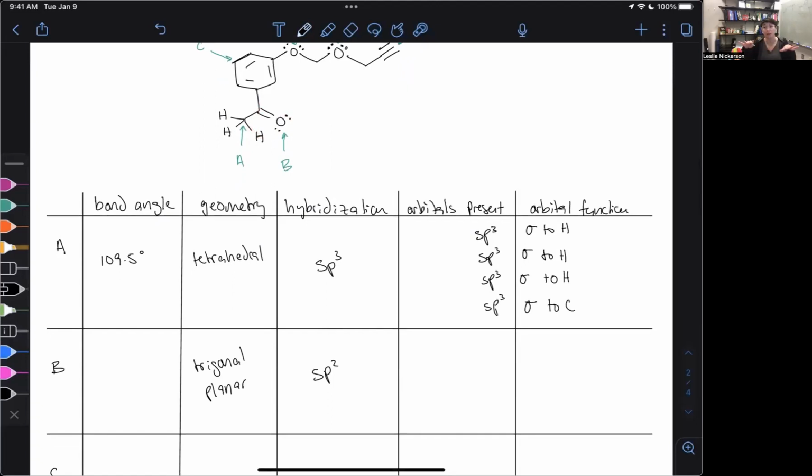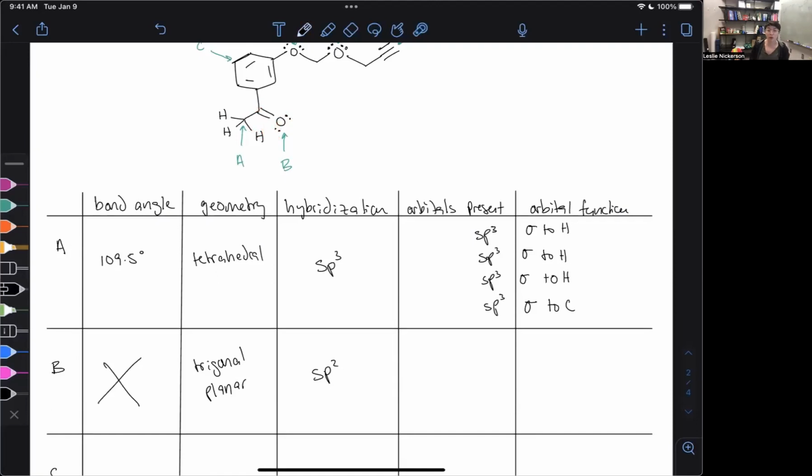Okay, so it's pretty flat. A bond angle for this one doesn't really make a whole lot of sense to do, just because we only have angles between lone pairs and atoms, not actual bonds between them. So we'd be looking at a bond here, but since we don't have a bond there, that bond angle doesn't really make a lot of sense.